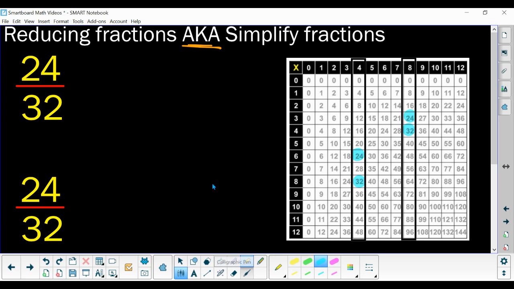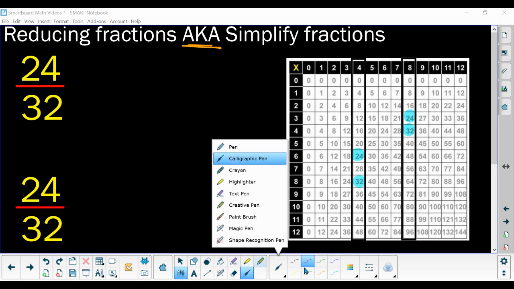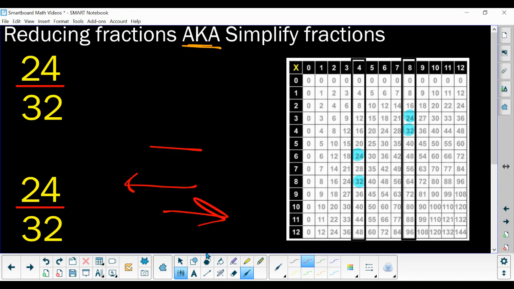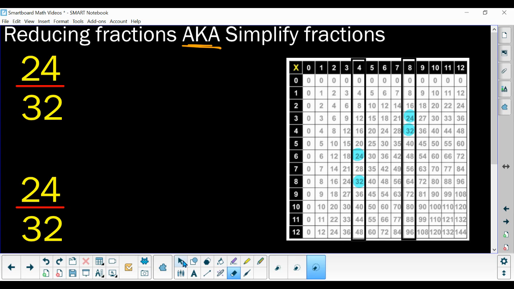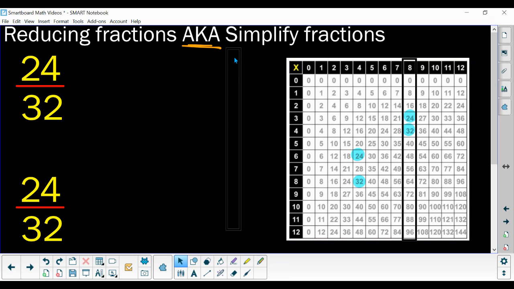So your left is going this way. There we go. So your left is going this direction, your right is going that direction. So we're looking for the one that's furthest to the right, which would be this column right here. So don't bother using this one. You can, but if you do use that one, you're going to find out you have to reduce even more. So focus on the one that's furthest to the right.